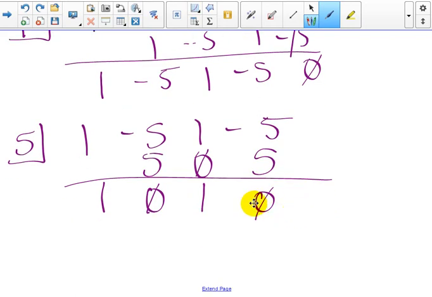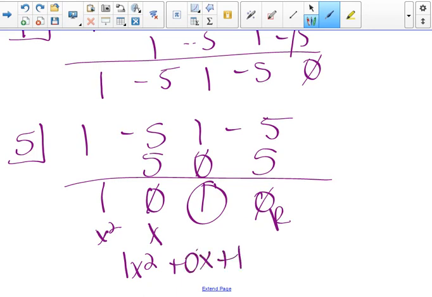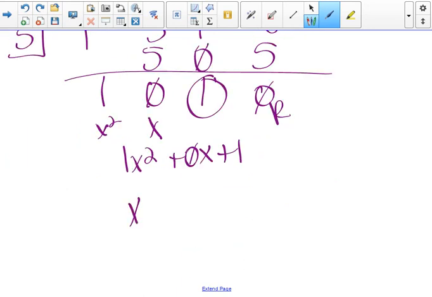So we end up with, that's our remainder, should be 0. So that's our constant, our x term and our x squared term. So it's 1x squared plus 0x plus 1, which turns into x squared plus 1.